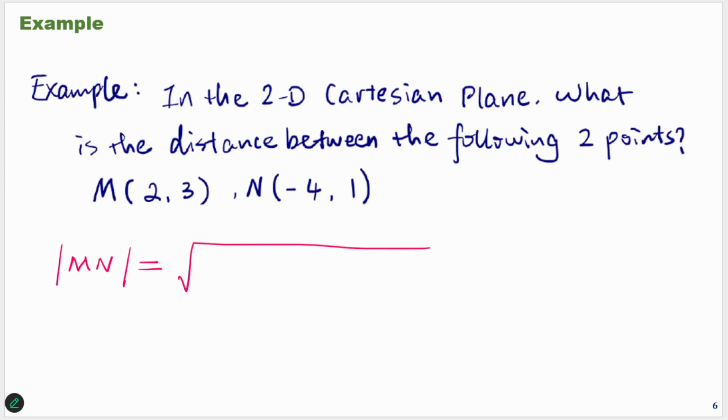Yes, that's simply the square root of the squared difference between the x coordinates, which is 2 plus 4 squared, then plus the squared difference between the y coordinates. And we'll get 2 square root 10. That's the distance between 2 points.